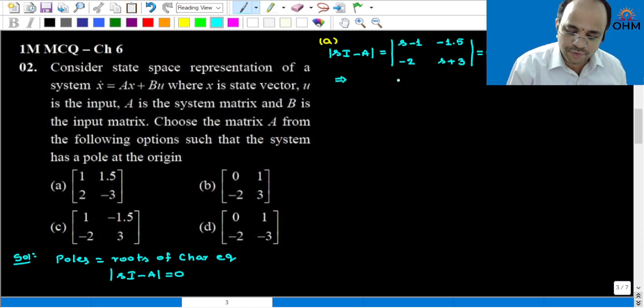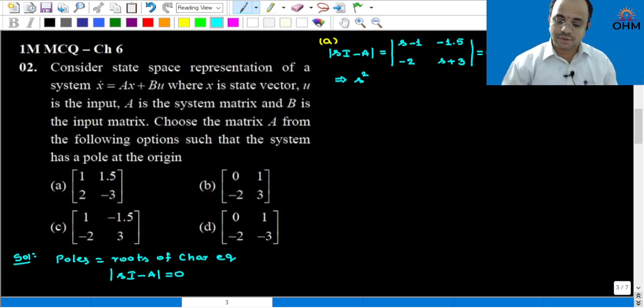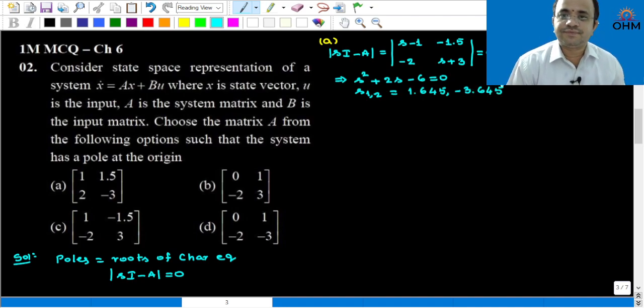Therefore, it will give you s square plus 2s minus 3 minus 3, so minus 6 is equal to 0. The roots of this characteristic equation are 1.645 and minus 3.645. So, in these roots, there is no pole at the origin.